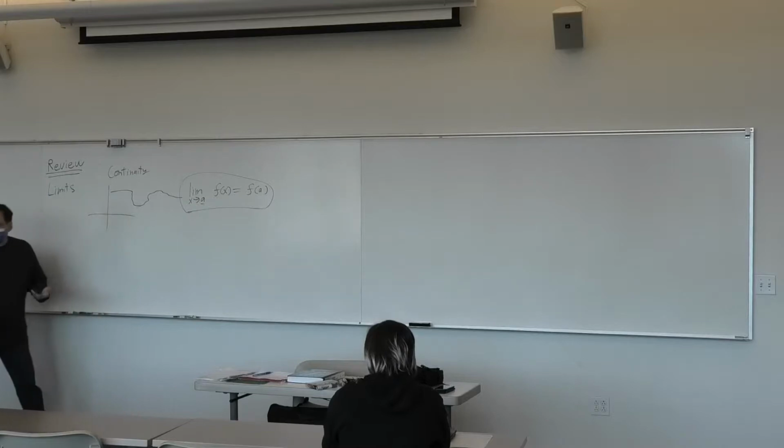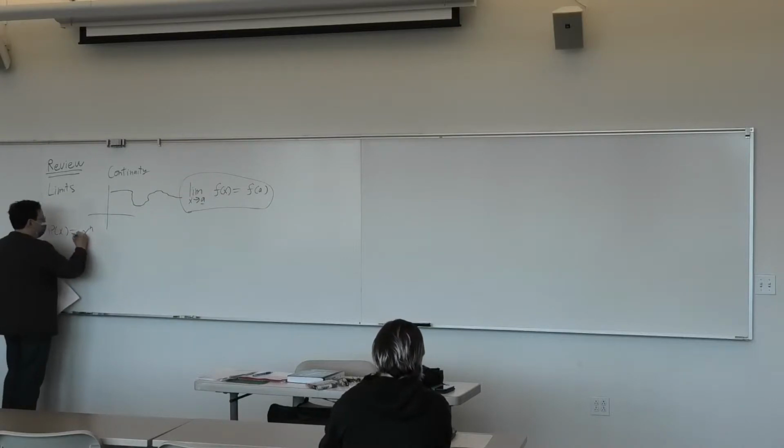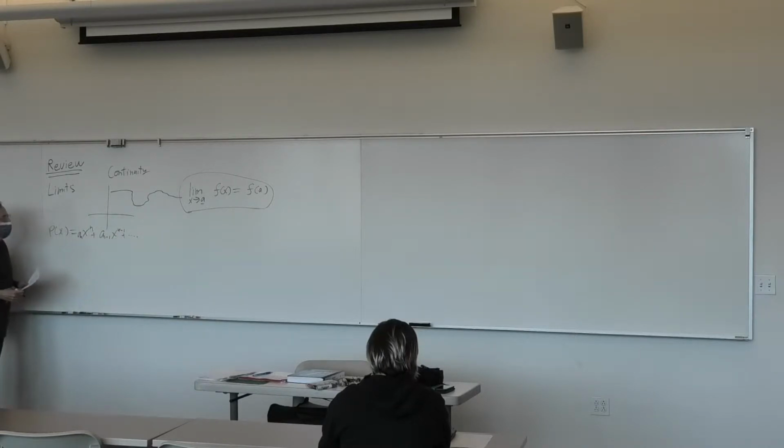We're going to cover where that's not true, but as examples, polynomial functions, they're all continuous everywhere. The trig functions, sine and cosine, are continuous everywhere. Tangent and the other four functions are continuous on their domain.